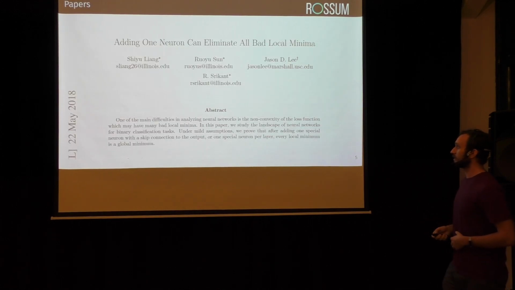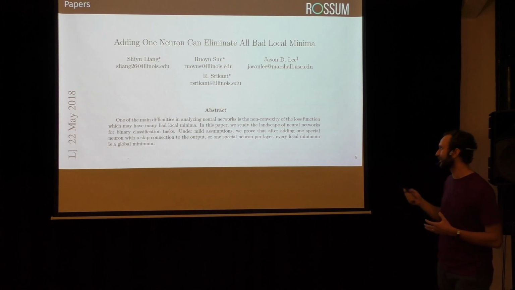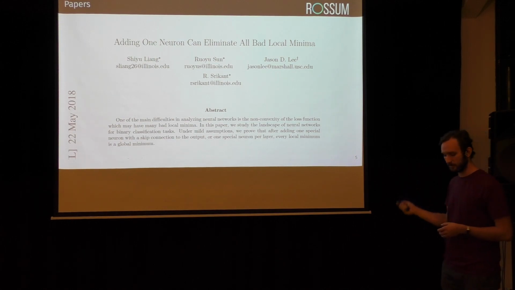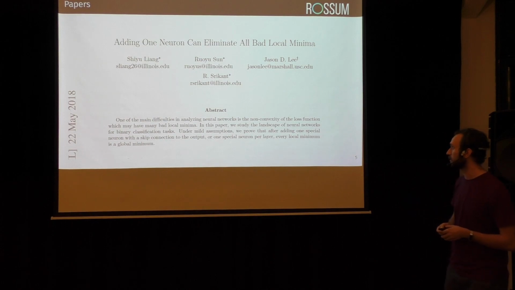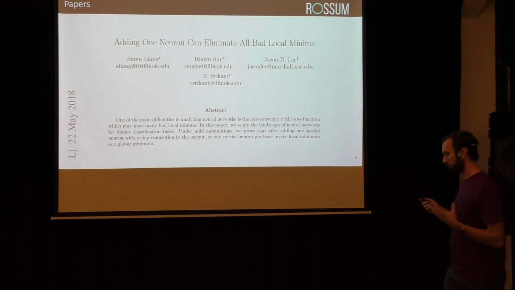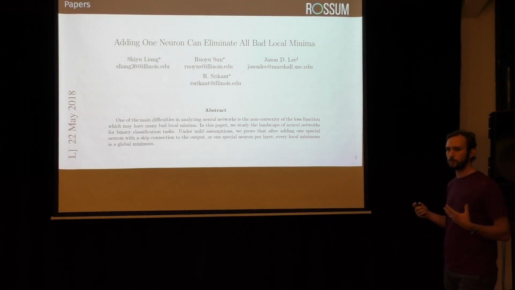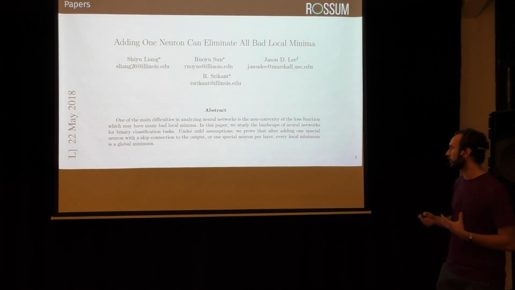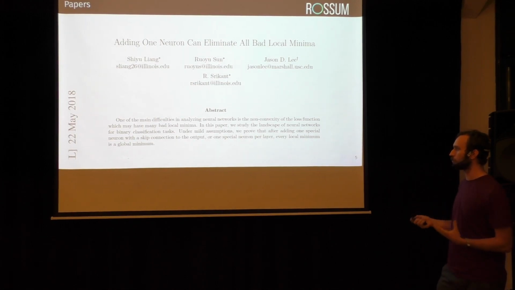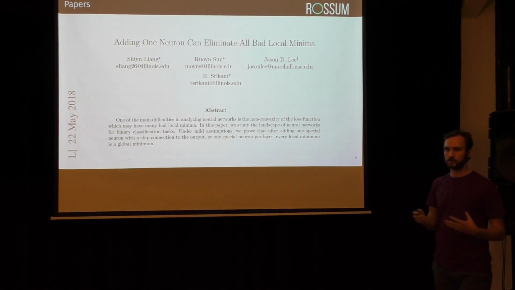So the idea comes from a paper published by Shiyu Liang. You can find it on arXiv. At the end of the presentation, I'll give the full reference to it. And so what they do is they essentially take one classifier, a binary classifier, they add a trainable exponential neuron to it, and they prove that all the local minima vanish, that all that you're left with is one global minimum, and this minimum is the same for the modified network as for the original one.